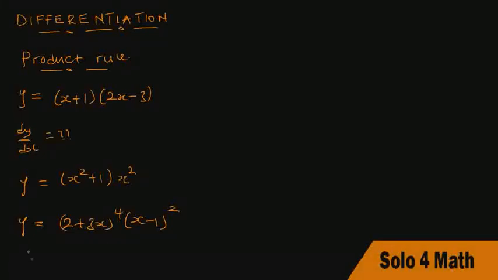So in product rule, we let those products, the terms or the factors, be some variable. For example, we let y equal a new function u, which is of course a function of x, times v, which is also a function of x.